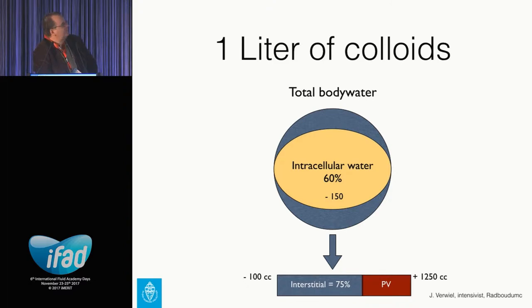But that has, of course, the disadvantage that albumin is a human product, so you can respond allergically to it. That's the one thing, and the other thing, it's expensive. So colloids are not very popular in real critical care patients.